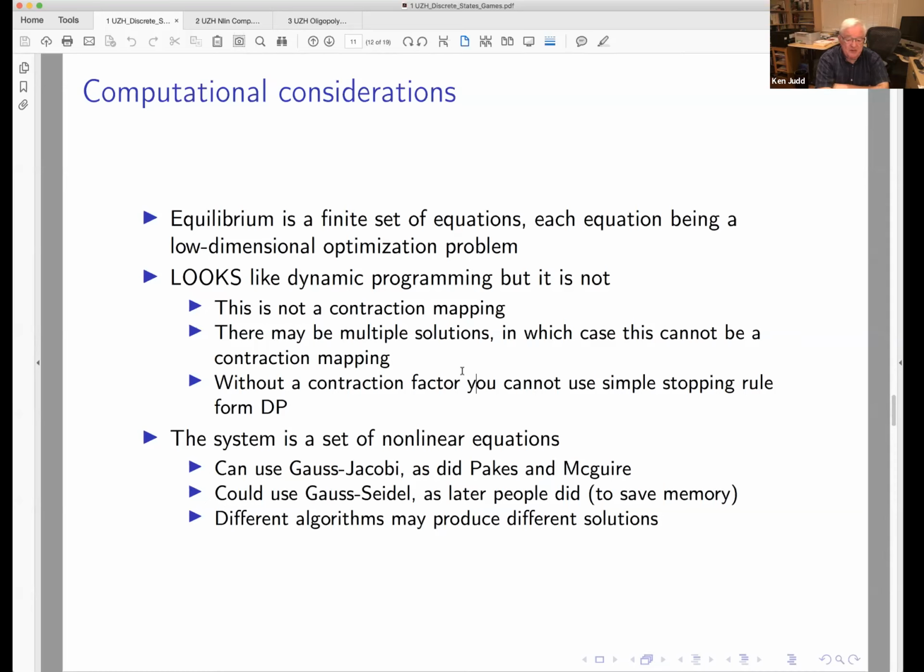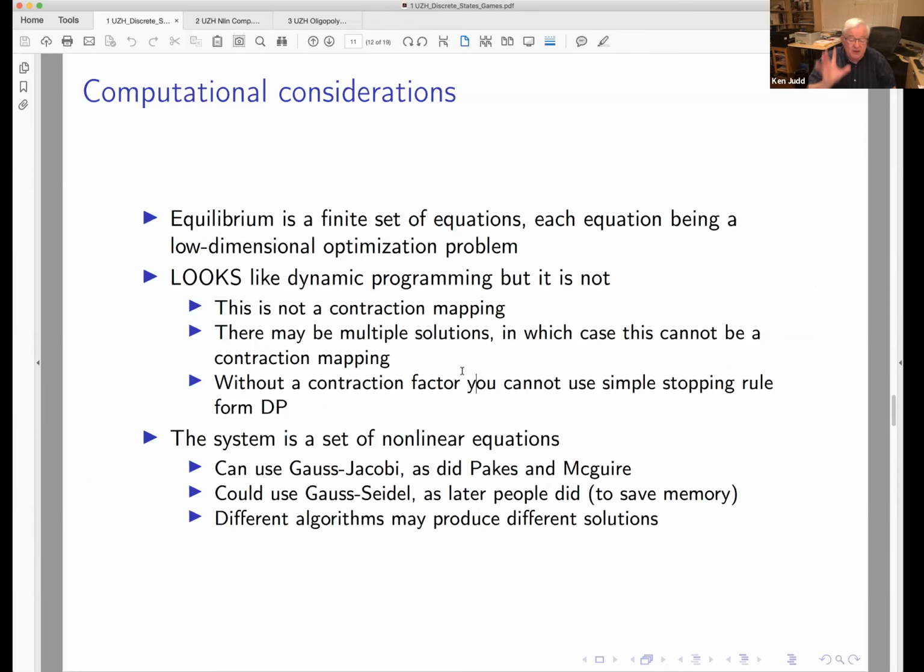I don't know how much success I had in that regard, but that was my effort to downplay the statistics jargon and make it more accessible to people who didn't know all the probability stuff. But all they did is basically Gauss-Jacobi. That's what they did at the time.